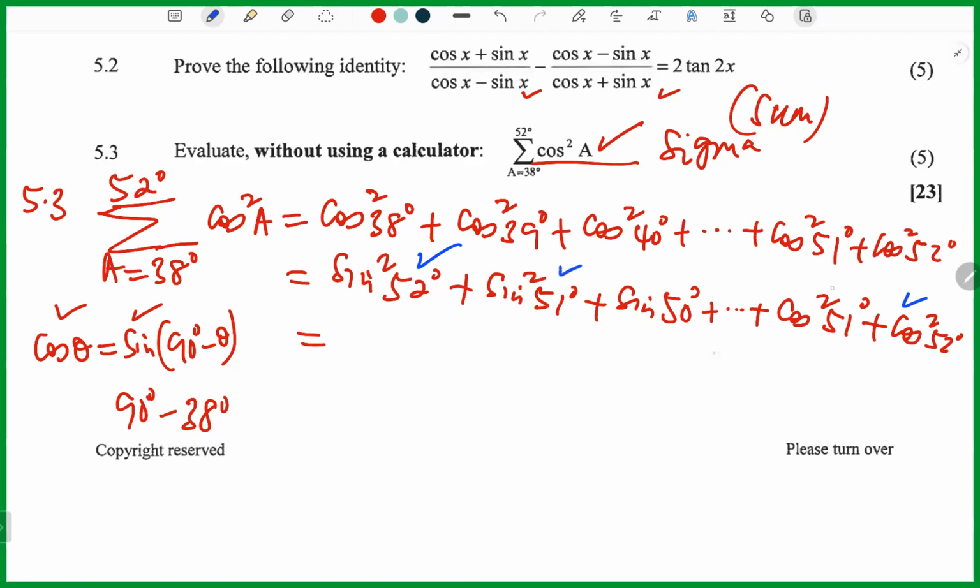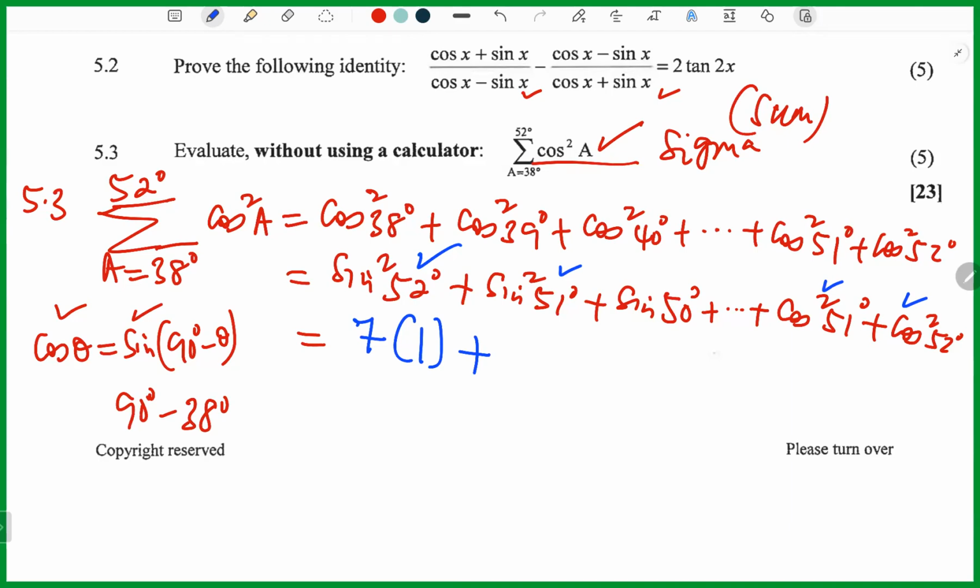The sine squared of 51 plus cosine squared 51 would give you 1, and so on. In other words, counting from 38 to 52, you will have 7 of these ones, plus a special angle that is going to occur between these.